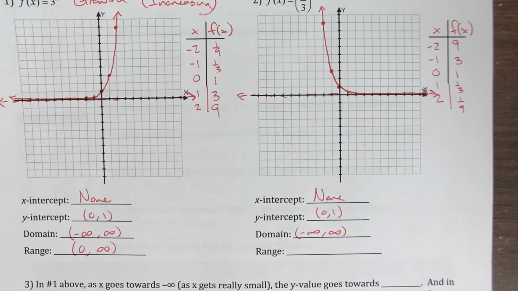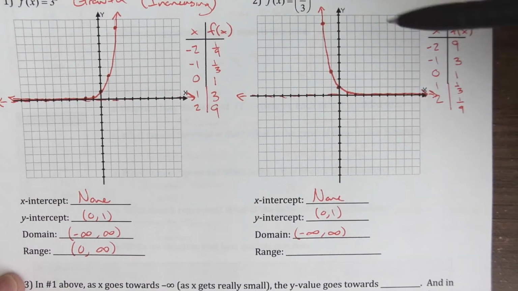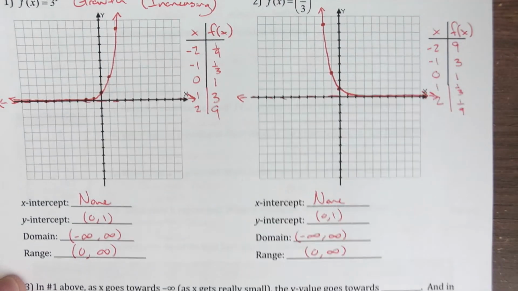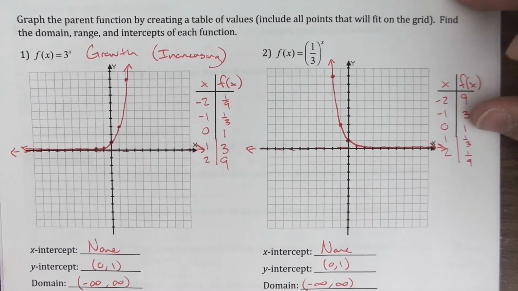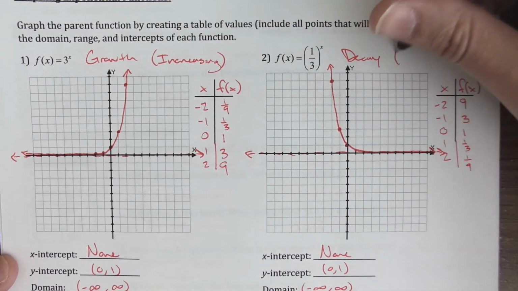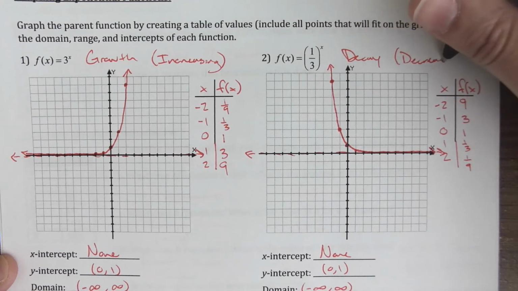All real numbers. You can plug in any value in for x. And our range, what do we get from the function? Well, this is everything from 0 to infinity, not including 0. Okay? So the difference now is this is an example of exponential decay, where as x increases, the function decreases.